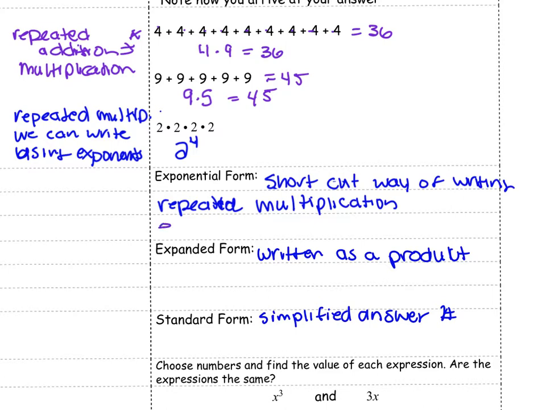An example would be, I'm just going to keep with 2 to the 4th. That's the exponential form. The expanded form is written as a product or multiplication problem.